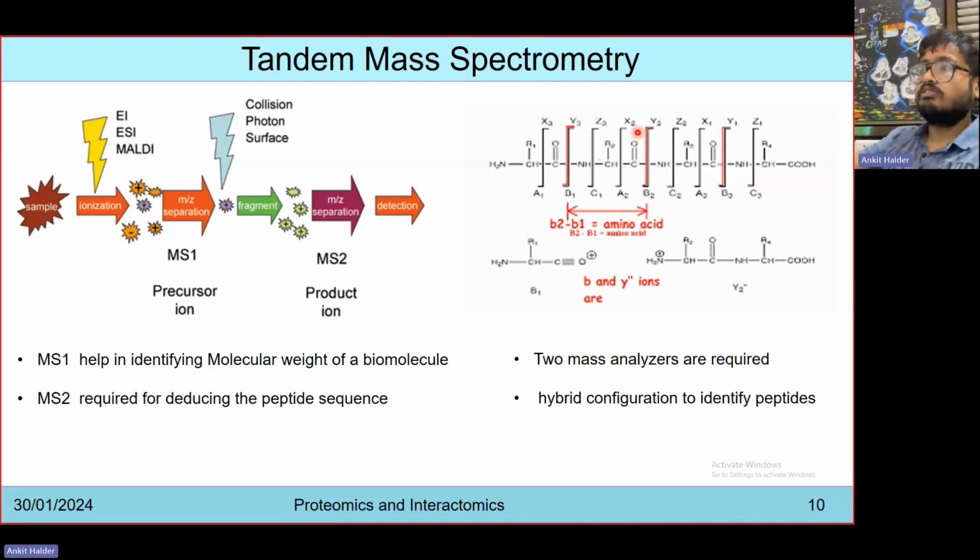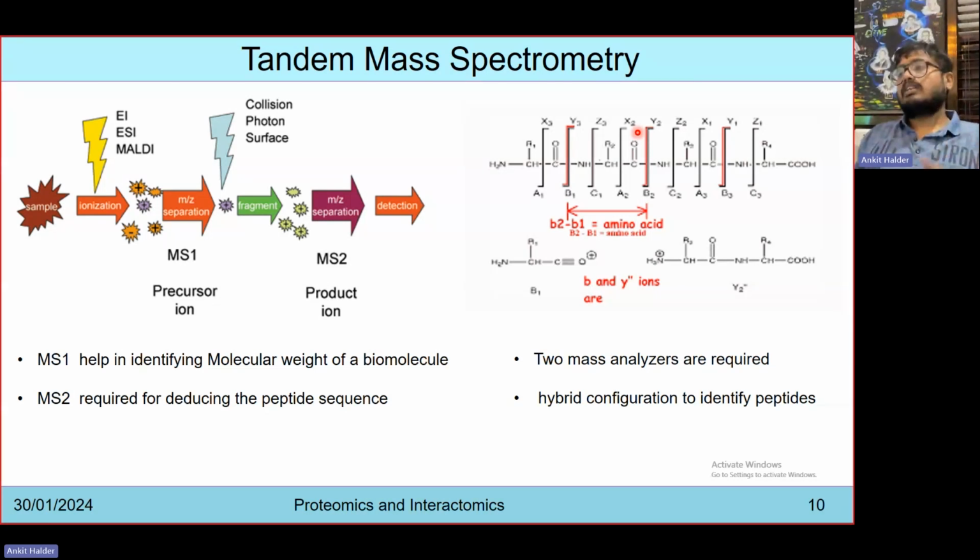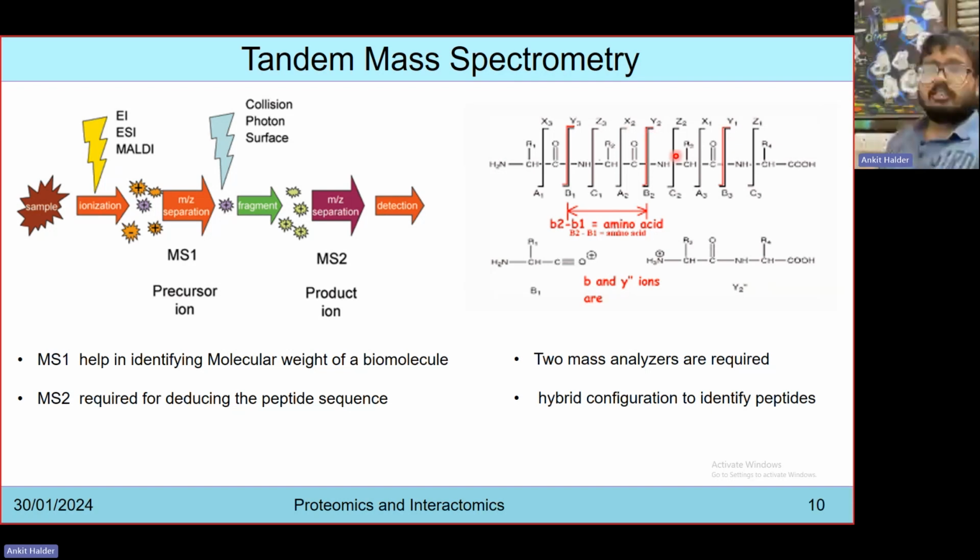If you keep on subtracting the Y ions and the B ions, you will find which amino acid each corresponds to, and that will give us the sequence of that peptide. The major concept here is that B1 minus B2 and Y1 minus Y2 will correspond to the same amino acid.